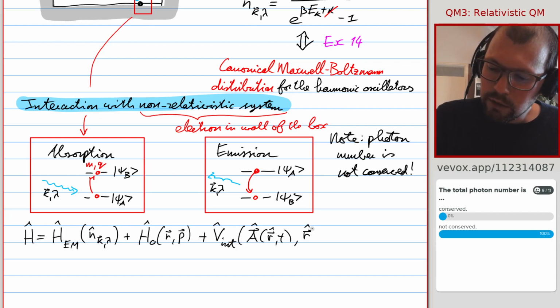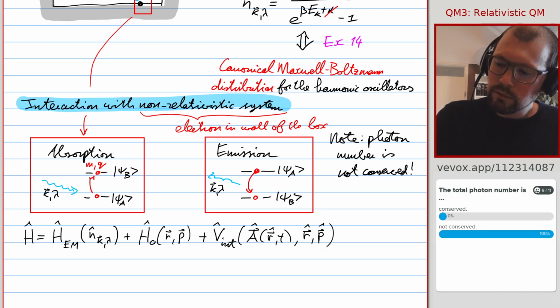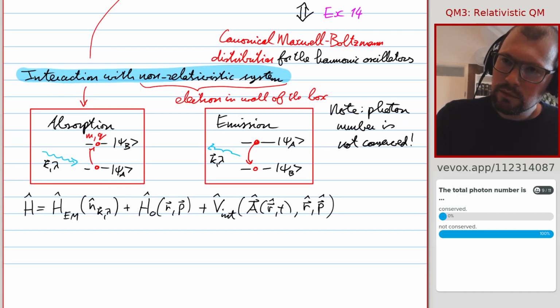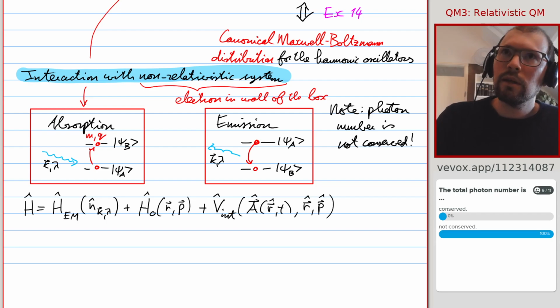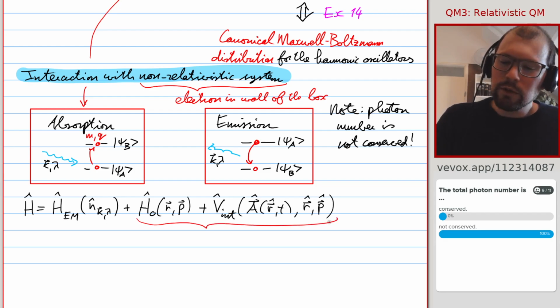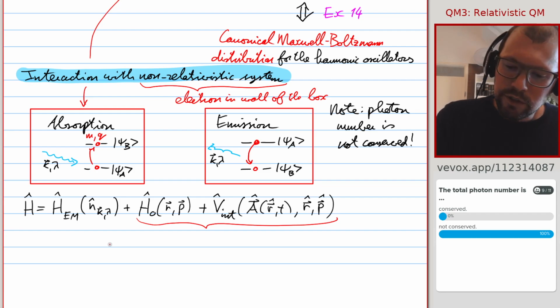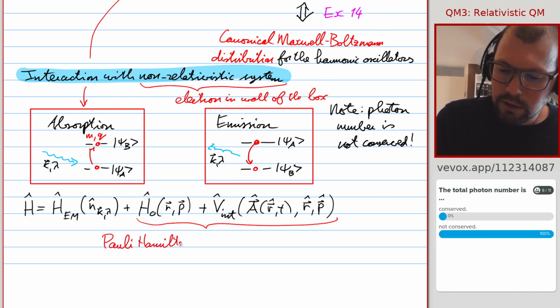And then it will depend on the position of the particle, if you like, and on the momentum of the particle. But in fact, we've already seen this part of the Hamiltonian. This was exactly the Pauli Hamiltonian in the case of a non-relativistic electron.